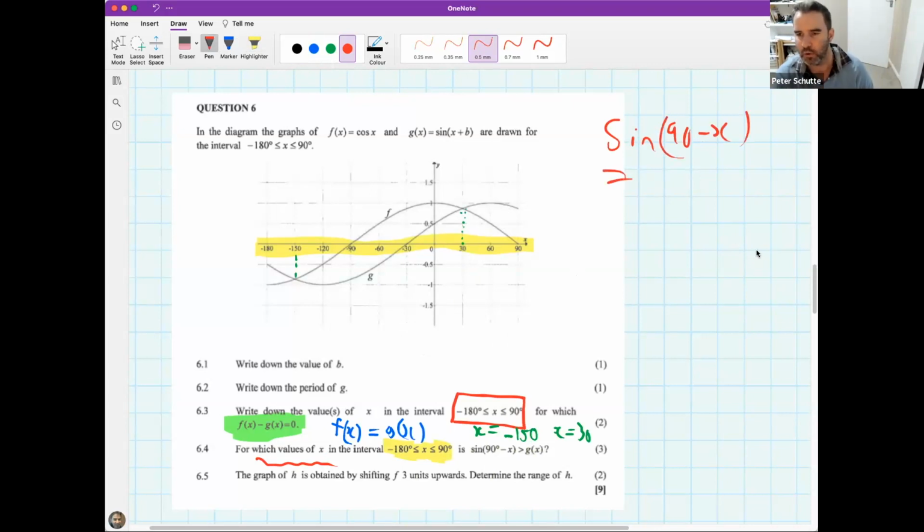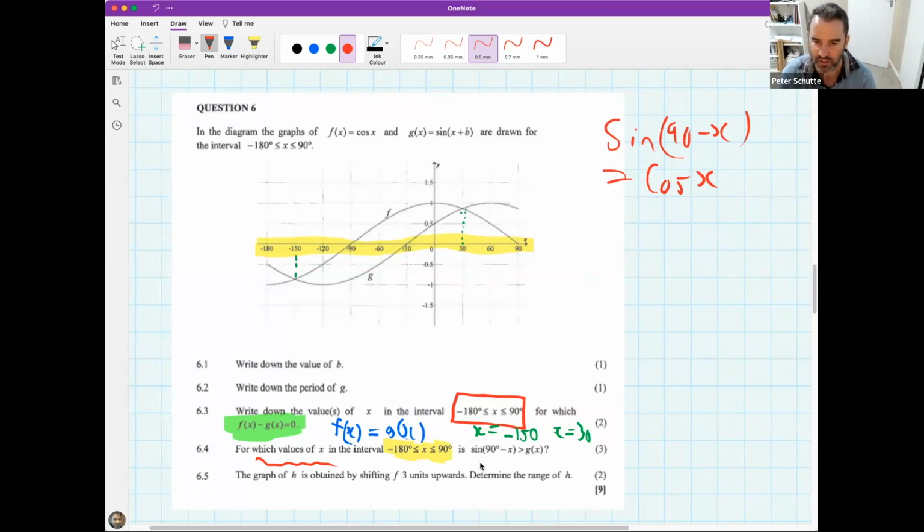You could use something called the reduction formula. Who can remember what the sine of 90 minus x is? Okay, it's not even minus cos x, it's just cos x. Yes. So the sine of 90 minus x is cos x.